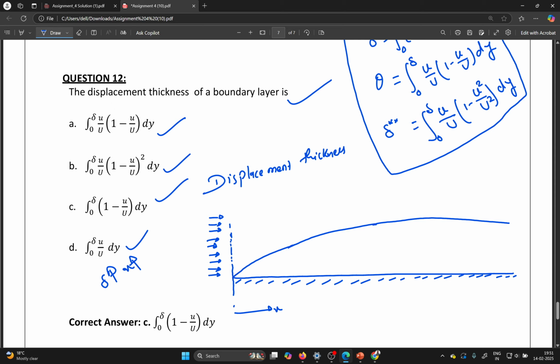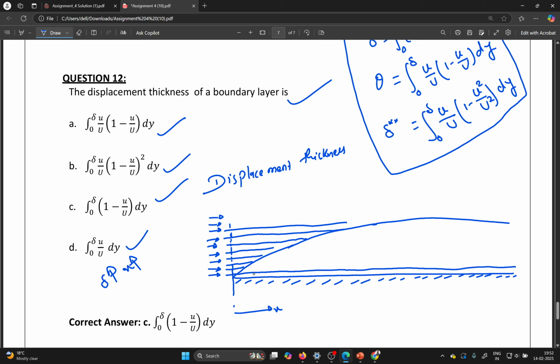So what is displacement thickness? Let us suppose this is a streamline entering and going over the flat plate like that. Due to the boundary layer formation, the streamline is not straight throughout.